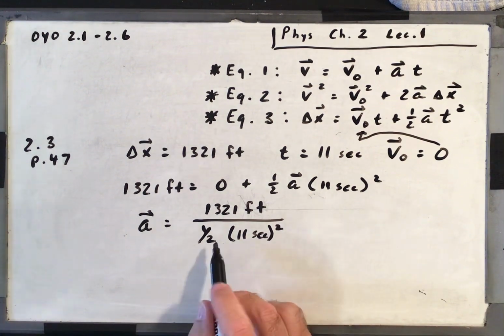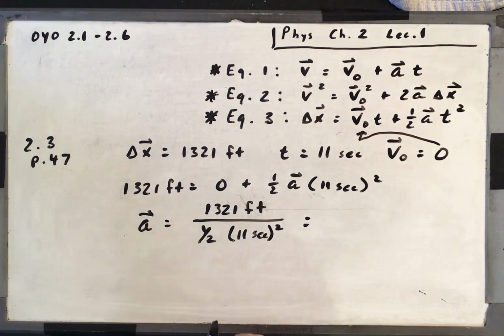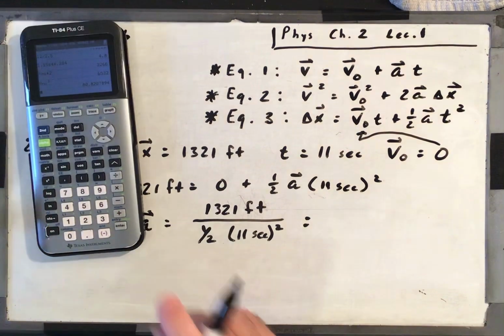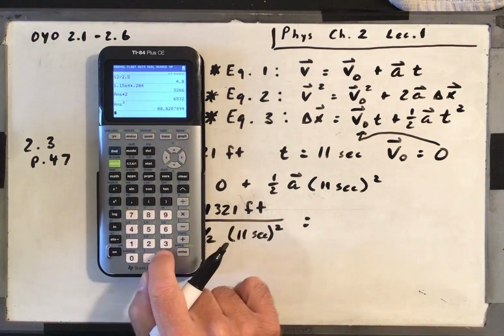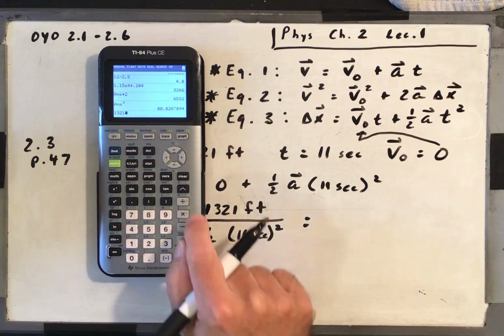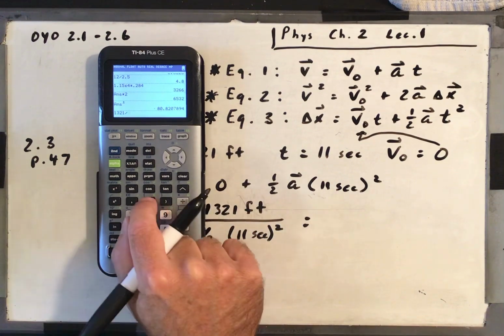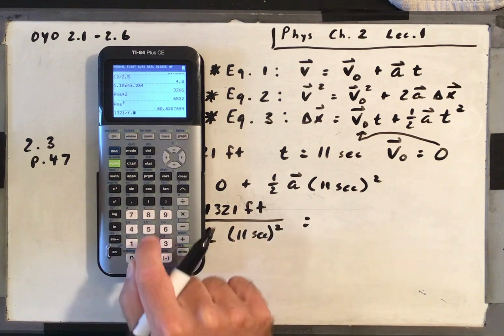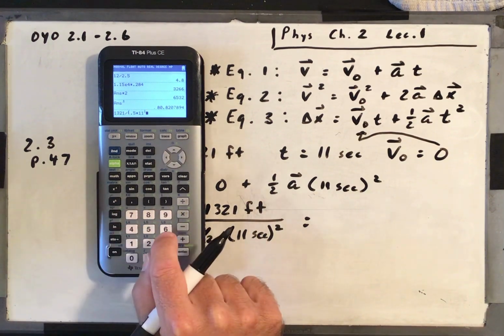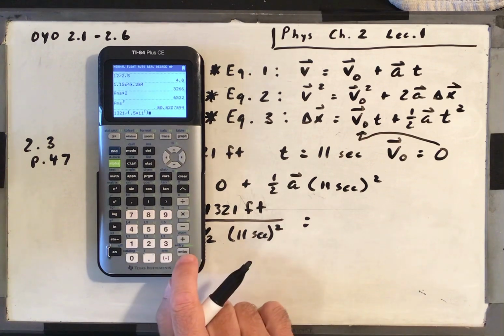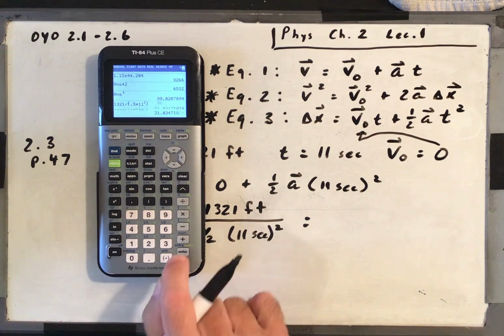So in your calculator, since we've had an entire summer off, what's the easy way to put that in your calculator? Well, I'd do 1321 divided by, left parenthesis, 0.5 times 11 squared, right parenthesis. And that'll make sure your order of operations is good.